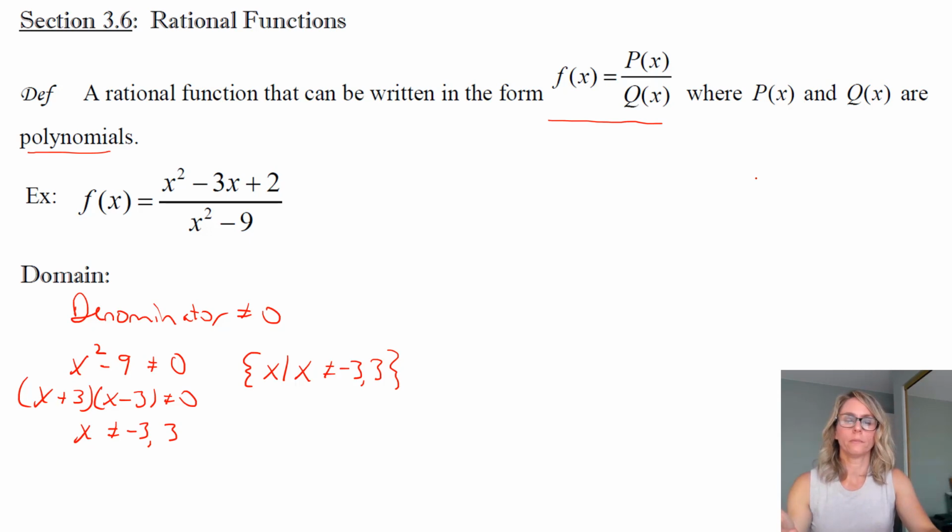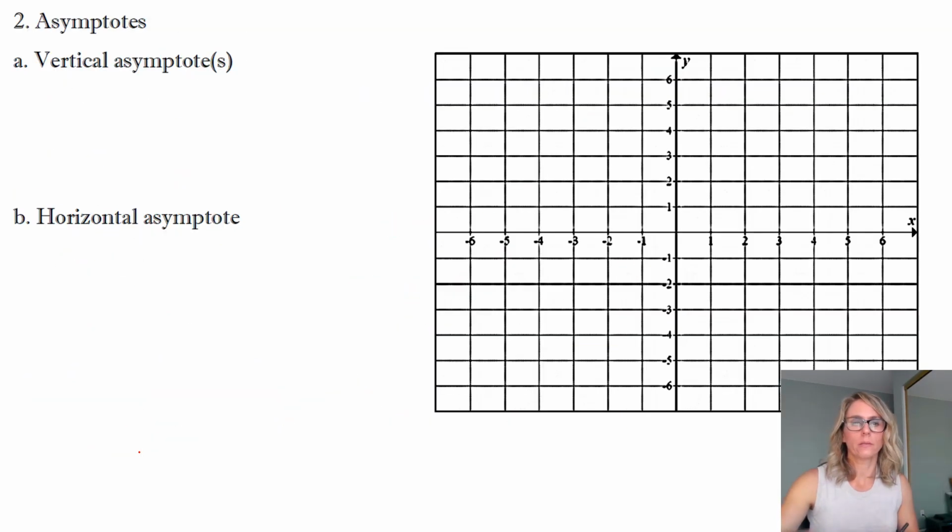We did that right here. We found out from the domain, which is the first step that we did, that we could not have 3 or negative 3. Those are values that make the denominator 0. That tells us that x equals negative 3 and x equals 3 are going to be vertical asymptotes on our graph.